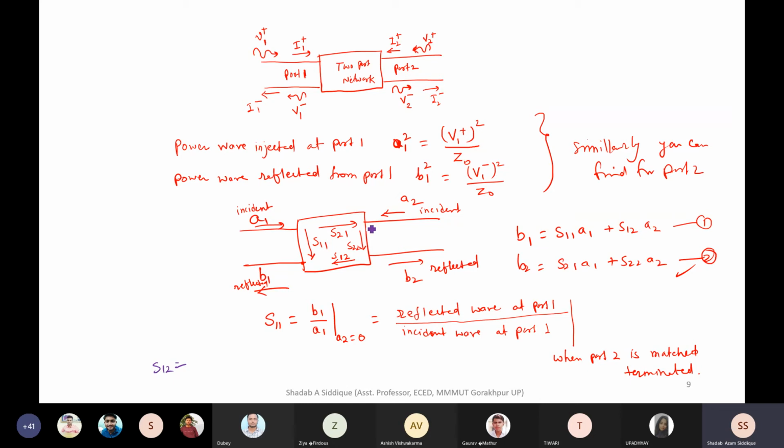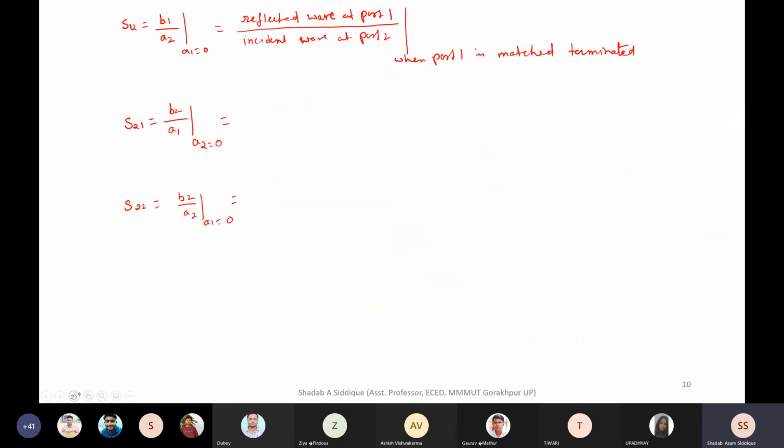Input is coming from this side and it is going this way. So this is not reflected, this is transmitted. So B1 is not always reflected; at this time it will be transmitted. So we can just correct here: this is called transmitted wave.